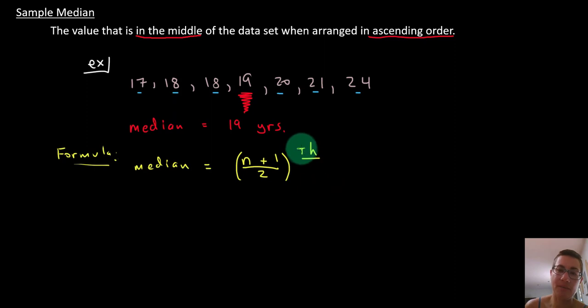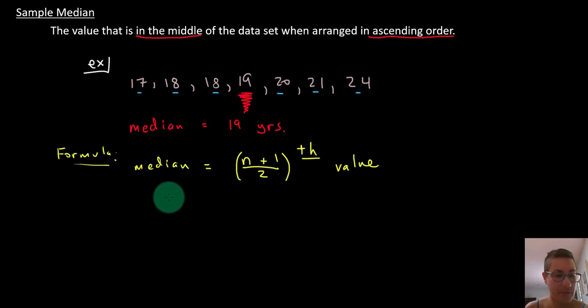So this also, I'm writing th right here because we want to identify the value in the middle, which in this case it's going to be the fourth value. This 19 was the 1, 2, 3, fourth value. So that's what that th is representing. It could also be the 14th value or 61st value. So I'm going to write value there.